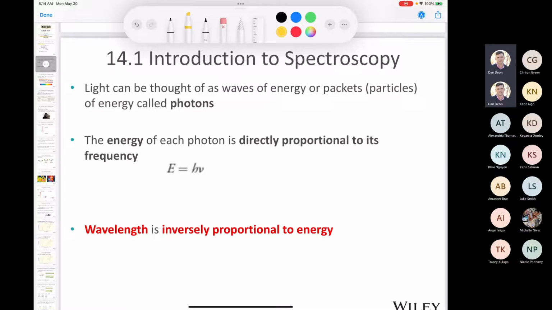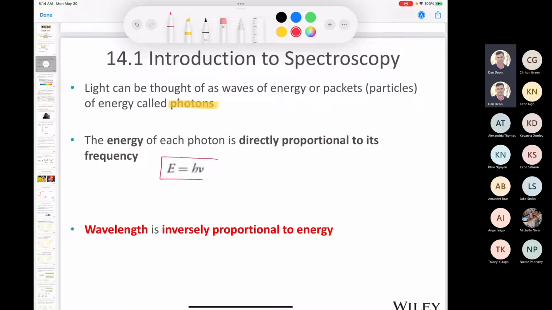So you would remember learning about the duality of light, that it has a particle nature and a wave nature. But you have to remember that the energy, or packets of light, are called photons. And it says here the energy of each photon is directly proportional to its frequency. So let's make sure we understand that.